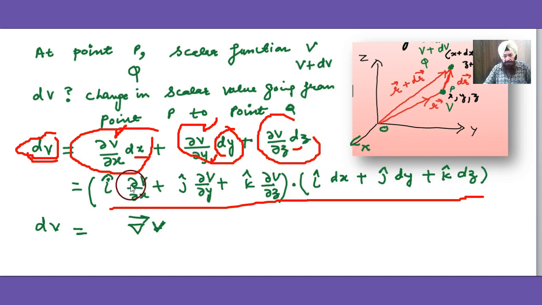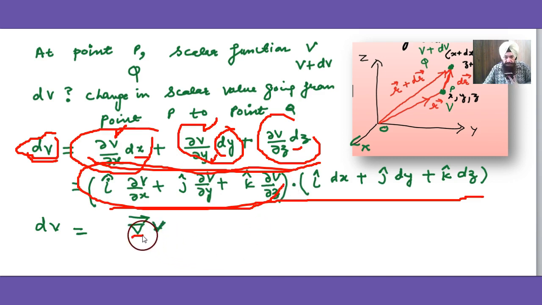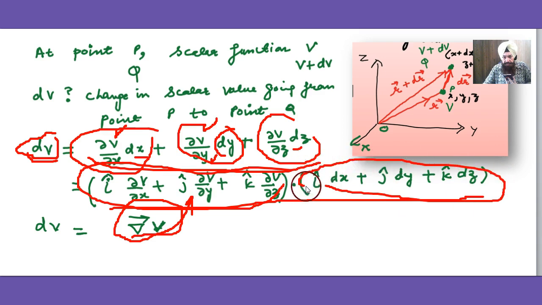So I can say this quantity can be written like this. This is del V vector, which is called gradient V, and this is dr vector. So dV, the change in V going from P to Q, is gradient V dot the dr vector.